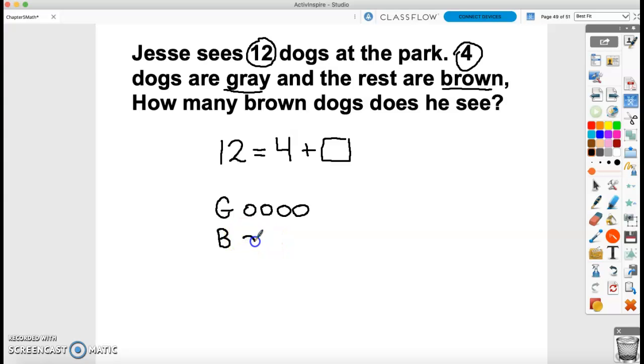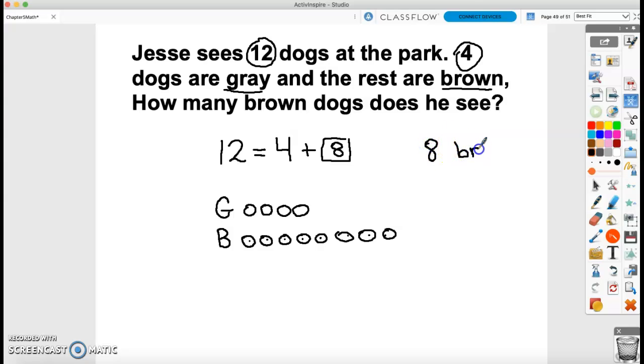That would be 4, 5, 6, 7, 8, 9, 10, 11, 12. So he sees 1, 2, 3, 4, 5, 6, 7, 8. He sees 8 brown dogs. So that would be my answer.